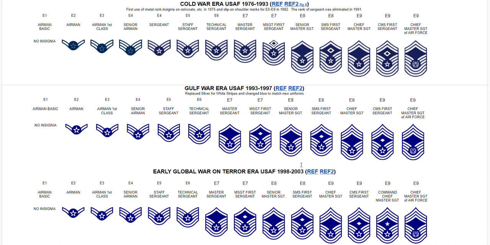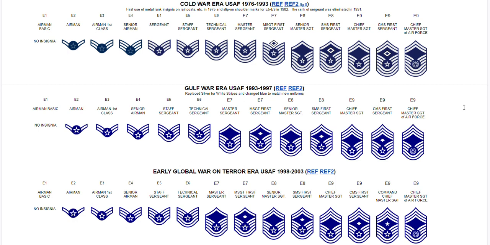But they changed the 7 to have, they took that bottom 6th rocker off and put it on the top as a chevron, and then the same for the others. And I think they wanted the 7, 8, and 9, the highest 3 non-commissioned officers, to have more prestige, similar to the Navy and the Army, where the highest 3, the E7, E8, and E9, are set apart a little bit from the other ranks.